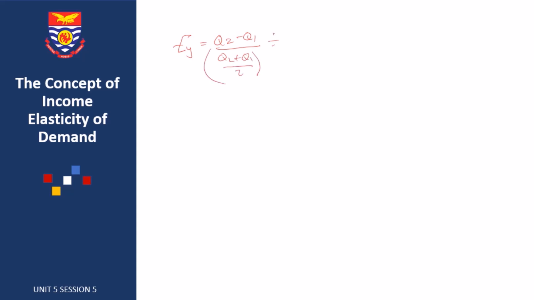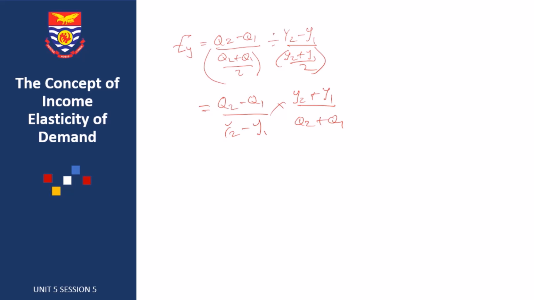We divide by the change in the two incomes and the average of the incomes. This gives us Q2 minus Q1 divided by Y2 minus Y1, multiplied by Y2 plus Y1 over Q2 plus Q1, where Q2 is the quantity demanded after income change, Q1 is the quantity demanded before income change, Y2 is the new income level, and Y1 is the original income level.